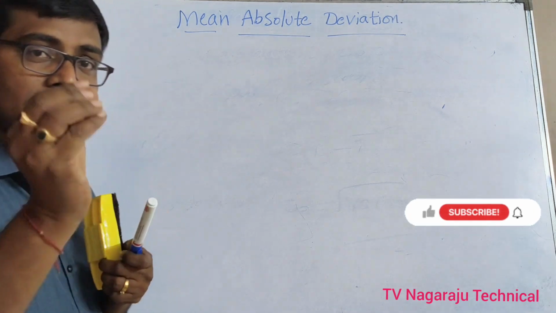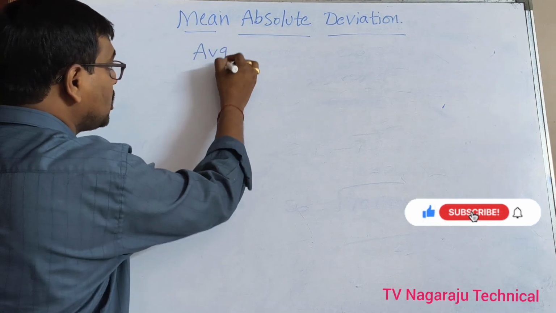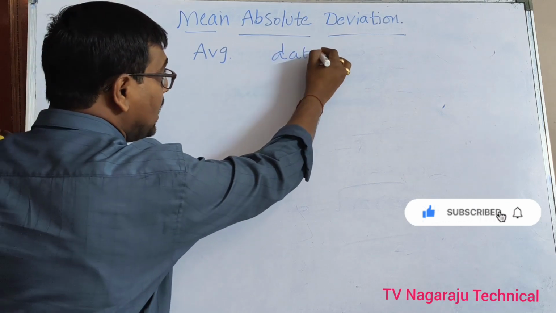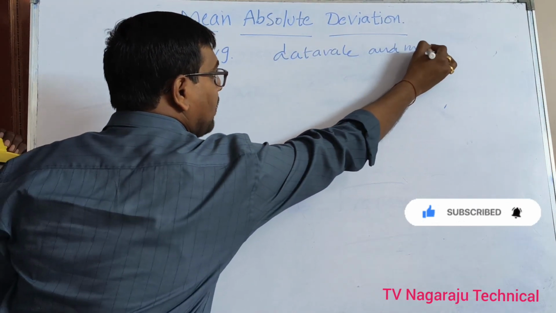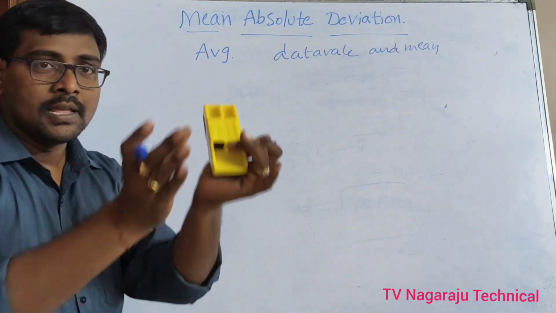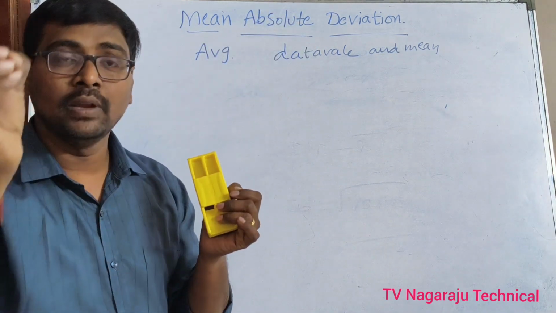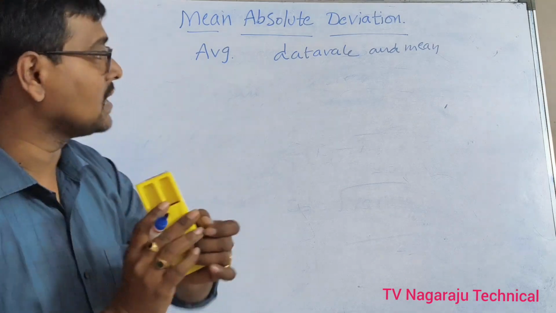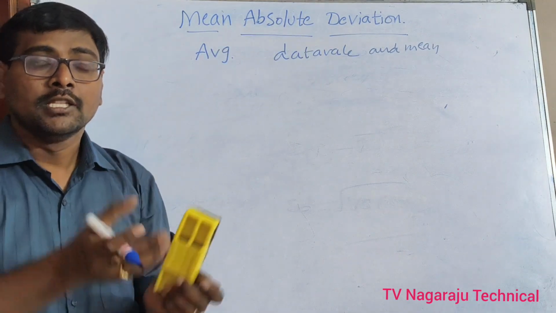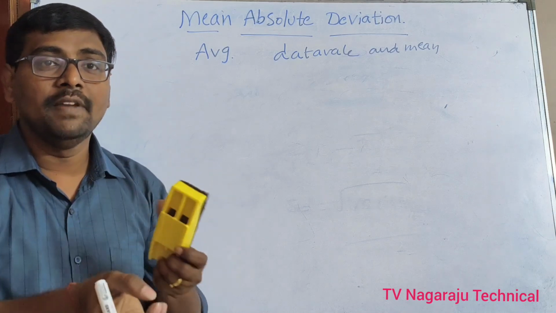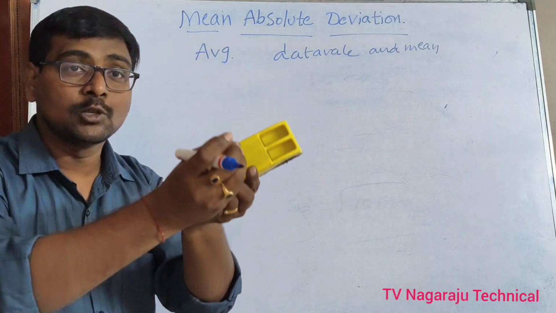So, this mean absolute deviation is simply the average distance between each data value and the mean in the given data set. Suppose the mean absolute deviation is low, it means the points are close to the mean.